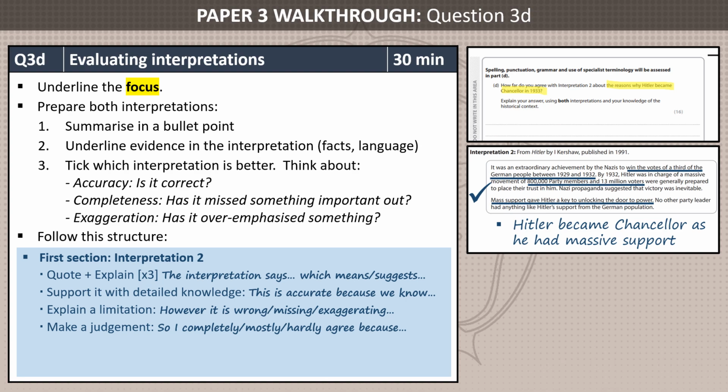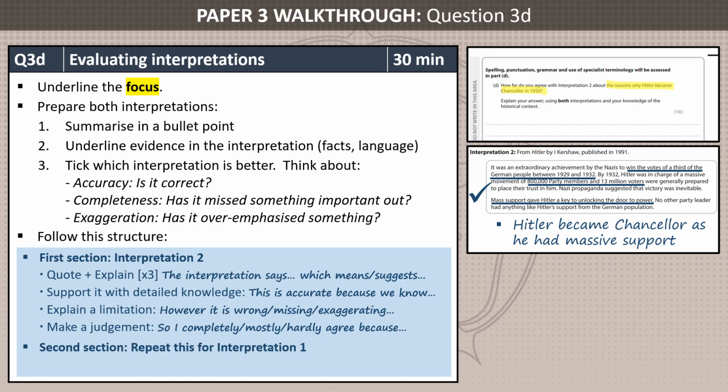In other words, I will try to explain something that it is wrong about, something it has missed out, or something that it has overemphasised. When I reach the end of this section, I'm going to make a mini judgment about how far I agree with interpretation 2.